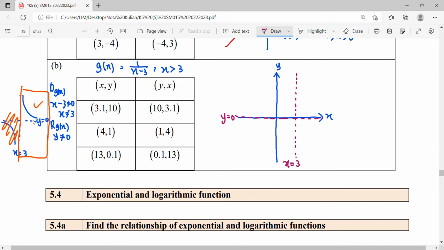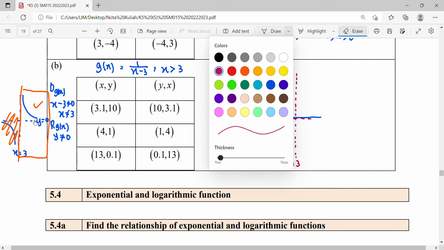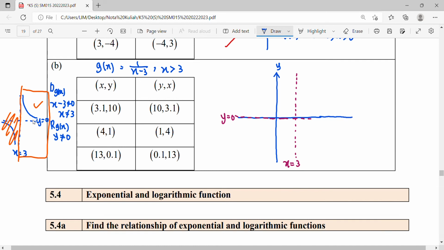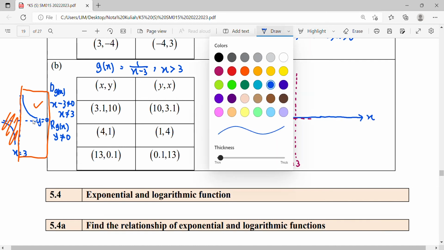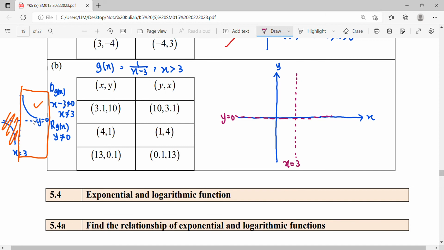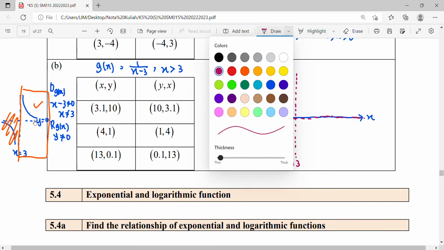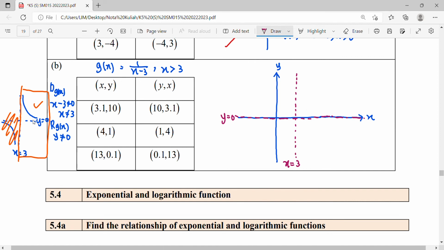So our reciprocal graph will occur here. The graph will go near to the asymptote and curve, then go near back to the asymptote. So this is our reciprocal graph for 1 over x minus 3 for x greater than 3, the first quadrant part. The other quadrant part we don't need.